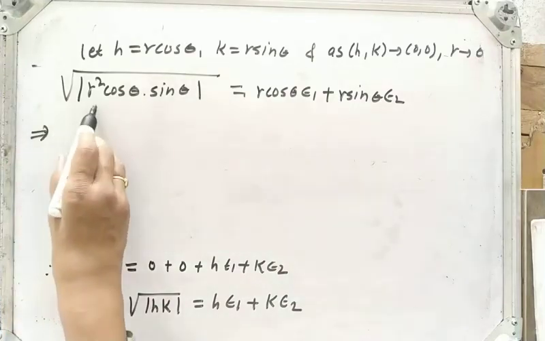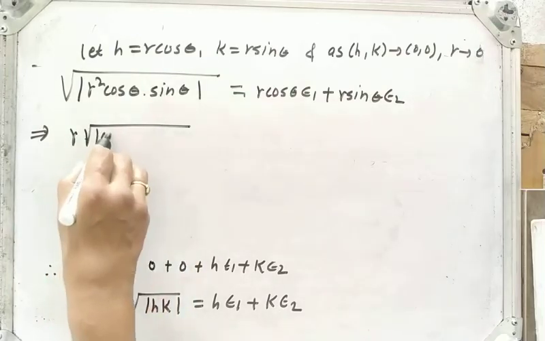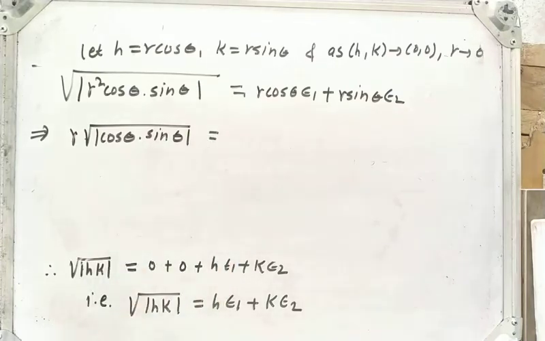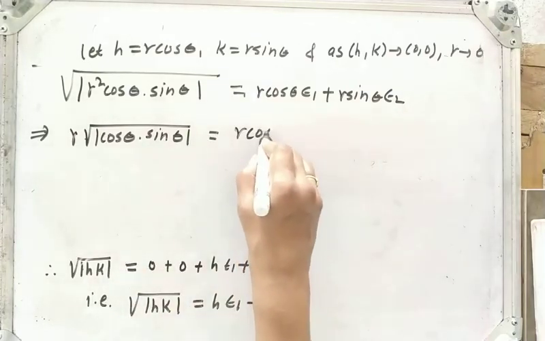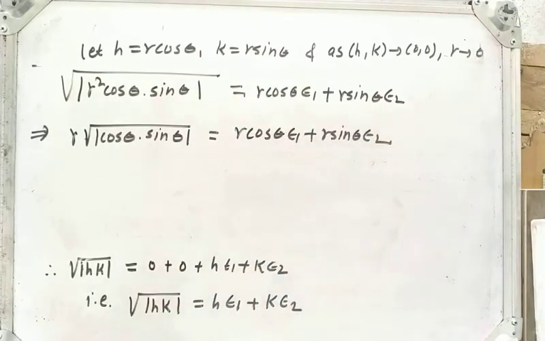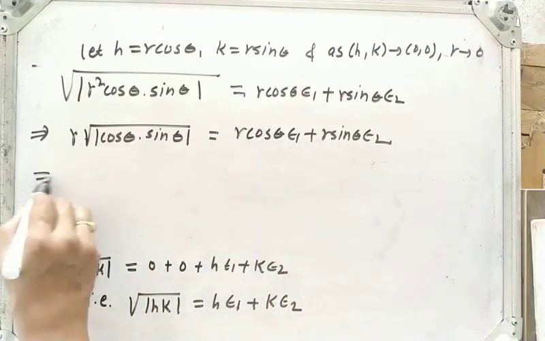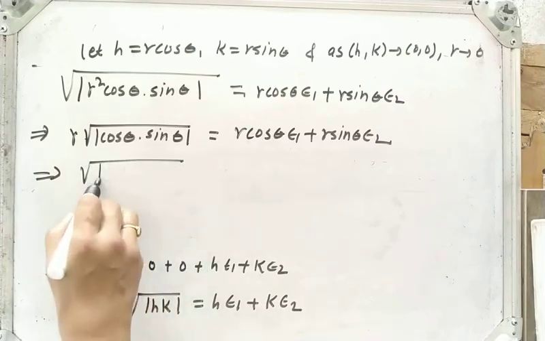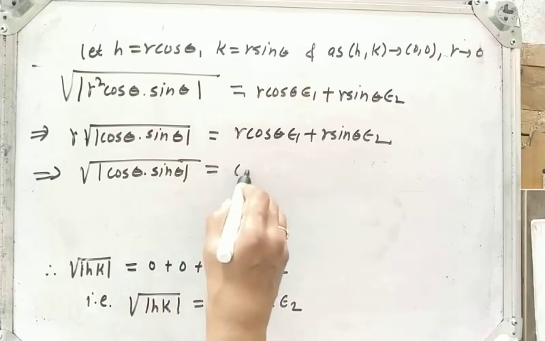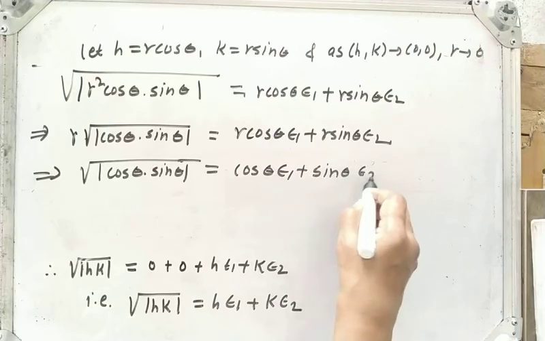This implies the square root of mod of r square, we can take r outside. Now here you can take r common, and r will get cancelled. So this implies the square root of mod of cos theta into sin theta is equal to cos theta epsilon 1 plus sin theta epsilon 2.